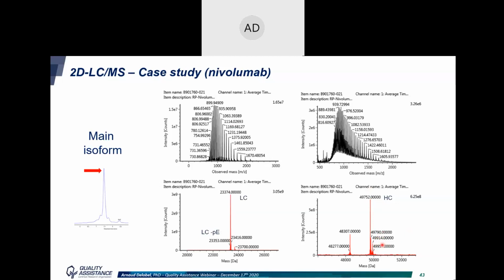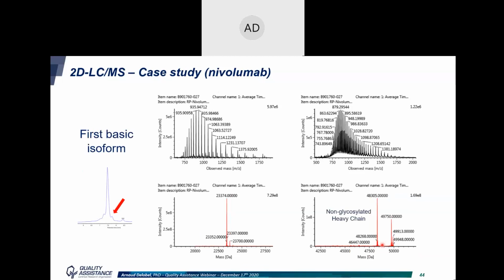Using this reduction, you have a gain in mass accuracy and in sensitivity, and you are able to see lower abundant isoforms. If we have a look now at the first basic isoform, you see that the mass spectra we obtained are much better compared to what we had for the intact mass.